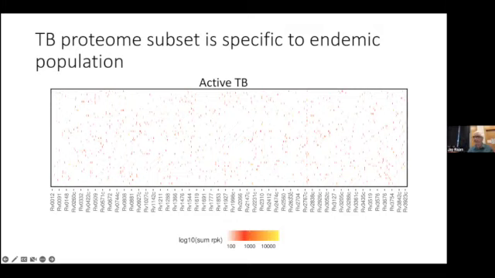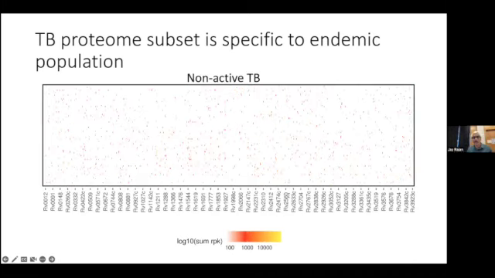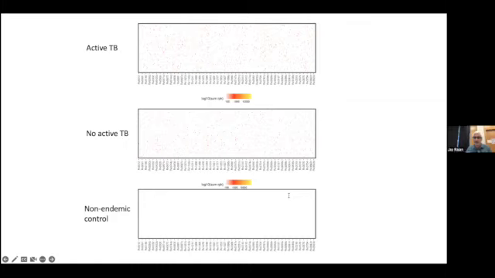I could cluster this, and there are other ways to show these data, but essentially what I'm showing you is reactivity across all of these proteins, from 5' to 3' across the MTB chromosome. For non-active TB, it's hard to discern the differences in the patterns, but I think the next figure will get at that. Bottom line, there are about 977 proteins with reactivity in people from endemic regions that you never see in non-endemic. So these might have utility for a serological diagnostic triage assay.